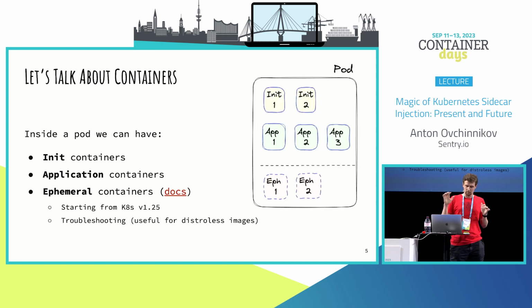So from those containers, what are sidecars, right? Let's leave ephemeral ones aside. They're a bit special because, for example, you cannot define ephemeral containers in your pod spec. And similarly, you cannot just kubectl edit pod and add an ephemeral container. So those will be left aside.